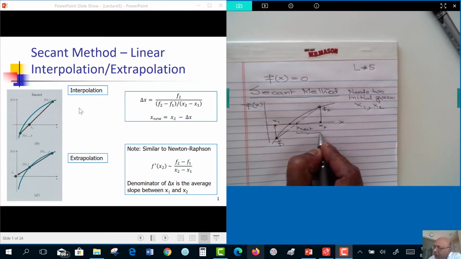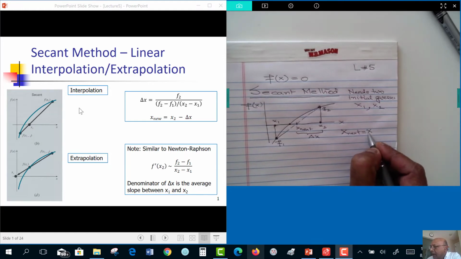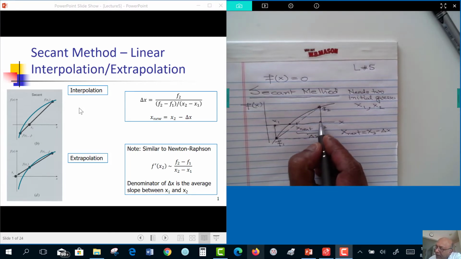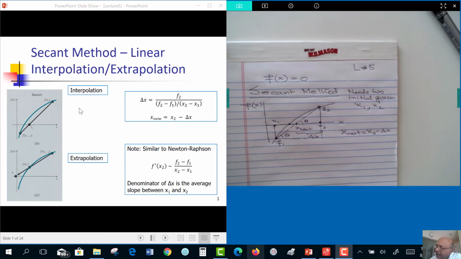Usually we always formulate in terms of finding a delta x. So what we'll say is x next is x2 minus delta x from this figure. So let's look at our triangles. So this small triangle, let's say if this angle is theta, then this angle is theta. So we can write an equation for tangent of theta.